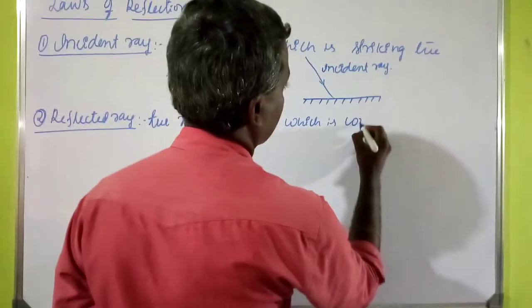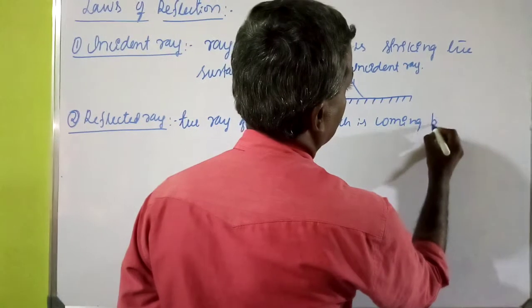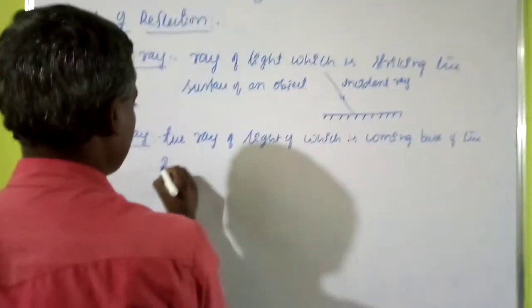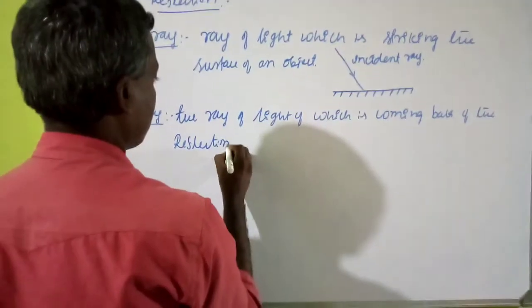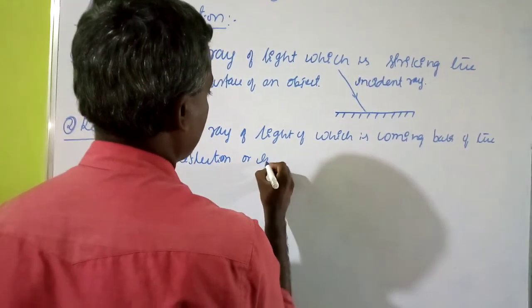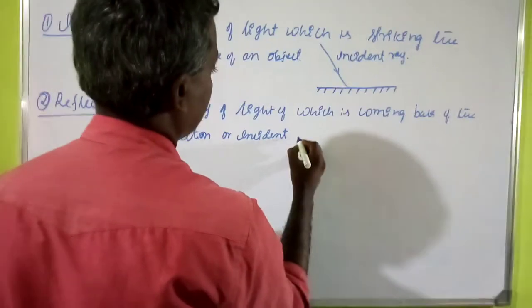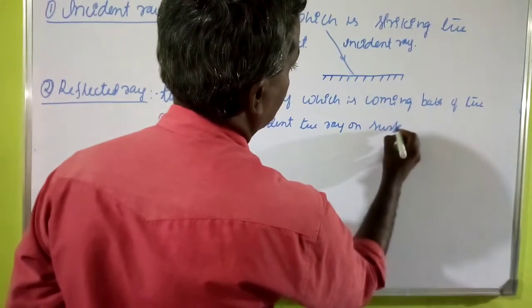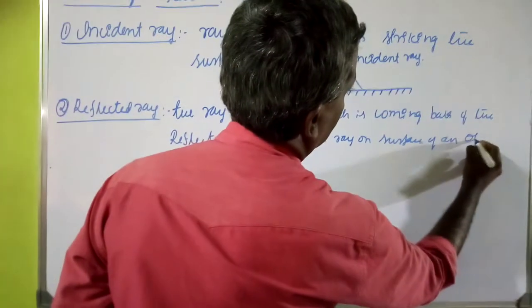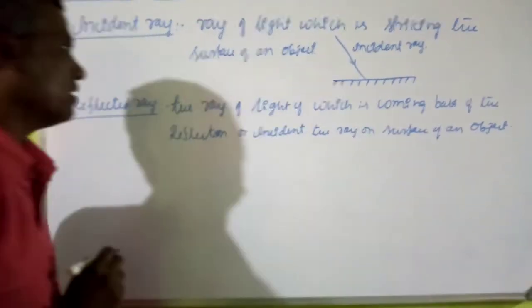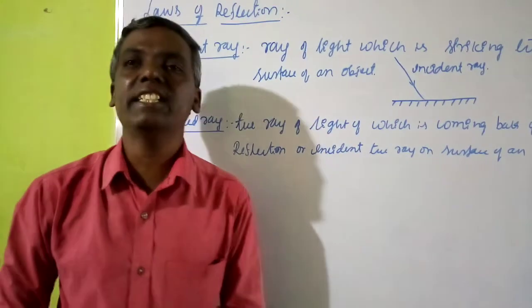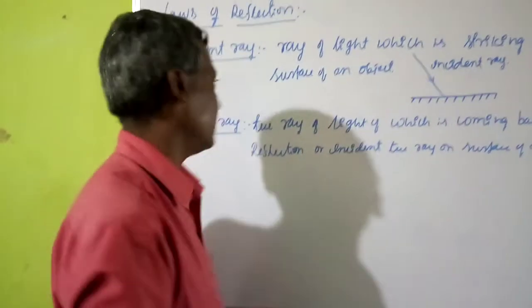The ray of light which is coming back after the incident ray strikes the surface of an object is called a reflected ray.